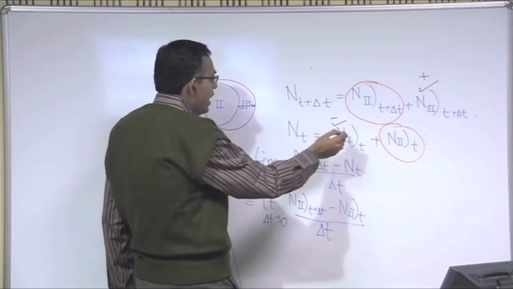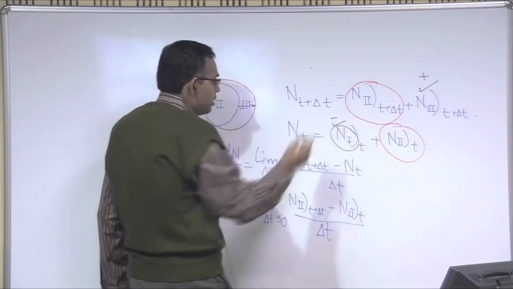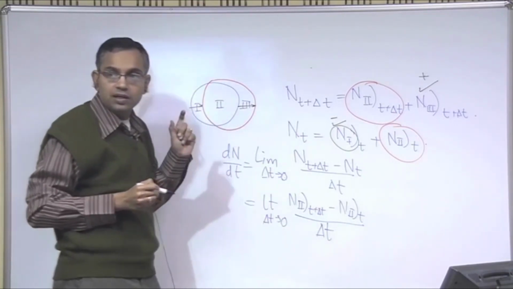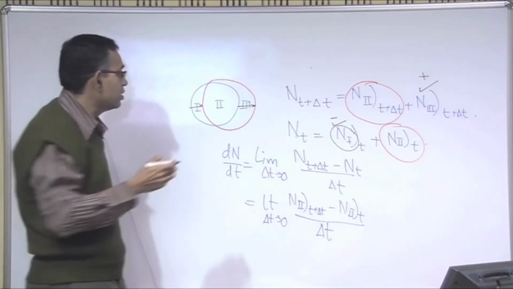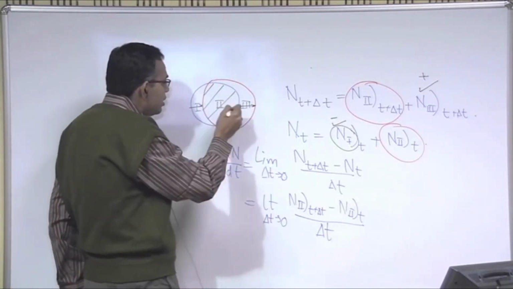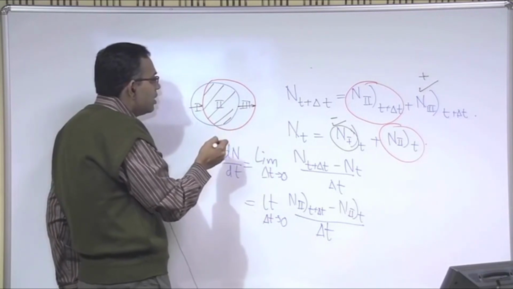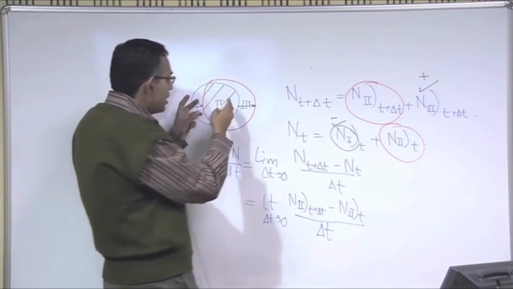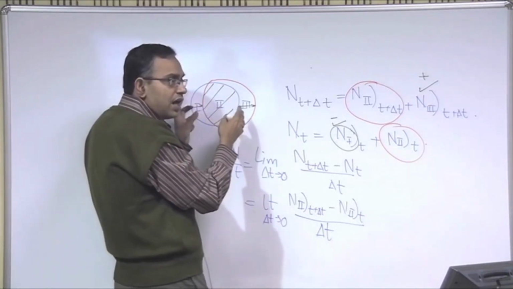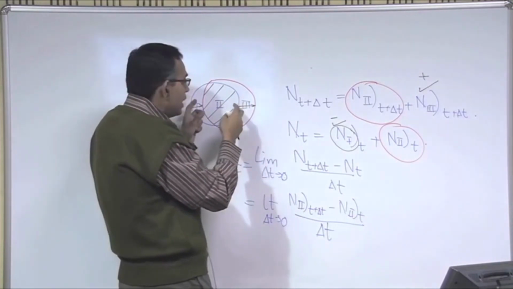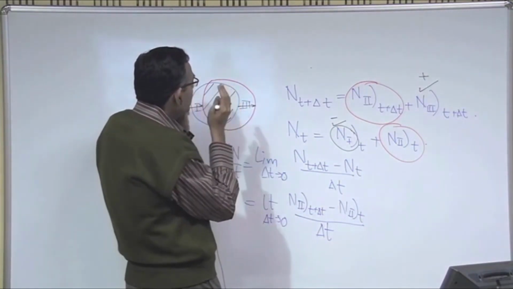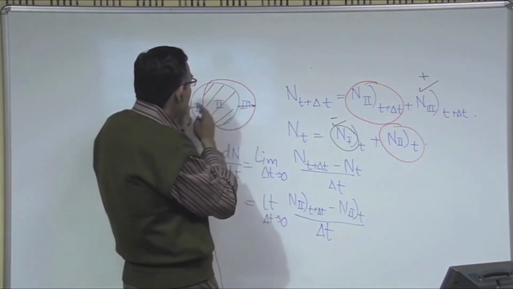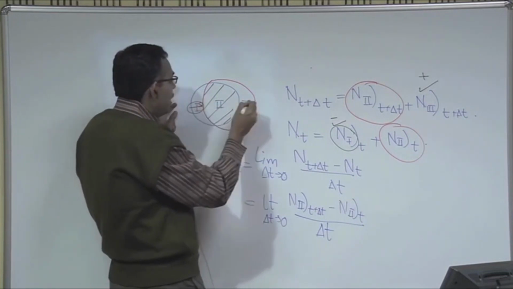Similarly, when you write this one, in the limit as delta t tends to 0, this is the inflow of the property. Inflow and outflow with respect to what? With respect to this common region which represents the so called control volume. Why does this region represent the control volume? Because as delta t tends to 0, this is the region in space across which, if you focus your attention, you can see that this is inflow and this is outflow.